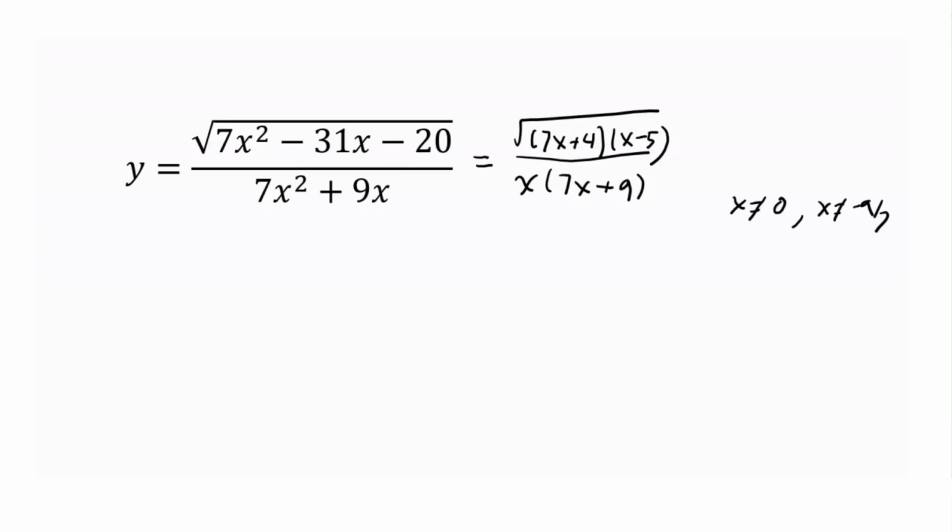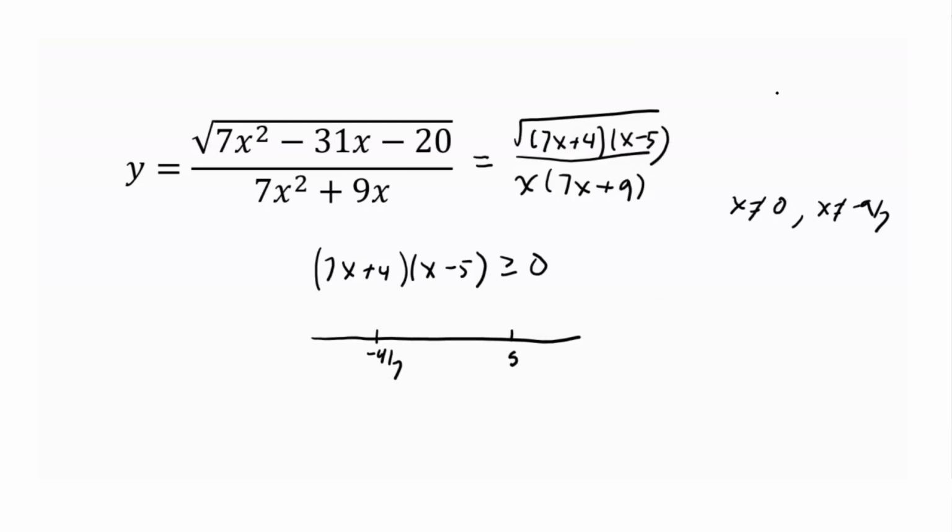So that means that with my radical in the numerator, 7x plus 4 times x minus 5 has to be greater than or equal to 0. So again, my critical numbers are negative 4/7 and x equal 5. Those would be the values that do equal 0 when we plug in.